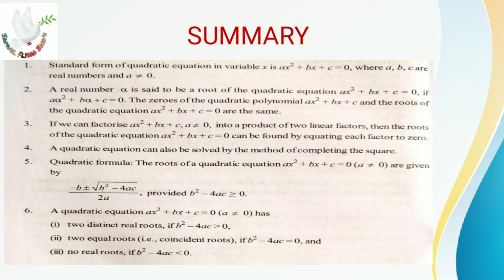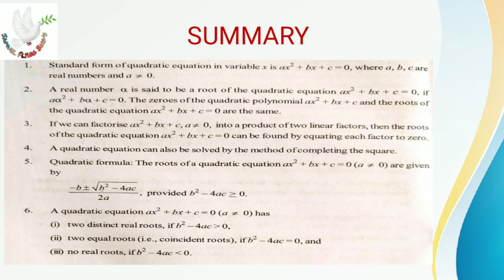Coming to the summary of both the videos, we have seen in both videos about quadratic equations. Now we are going to briefly recap what we have studied. The standard form of a quadratic equation in variable x is ax square plus bx plus c equal to 0, where a, b and c are real numbers and a is not equal to 0.